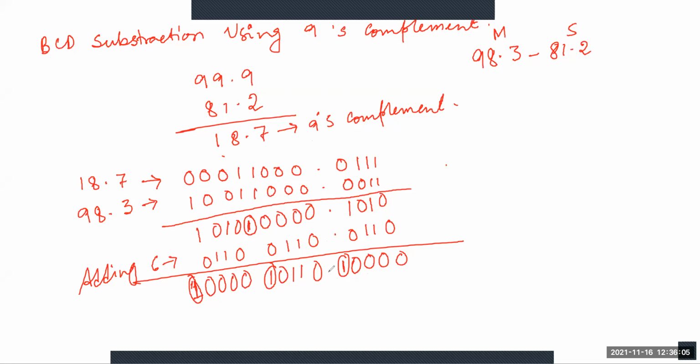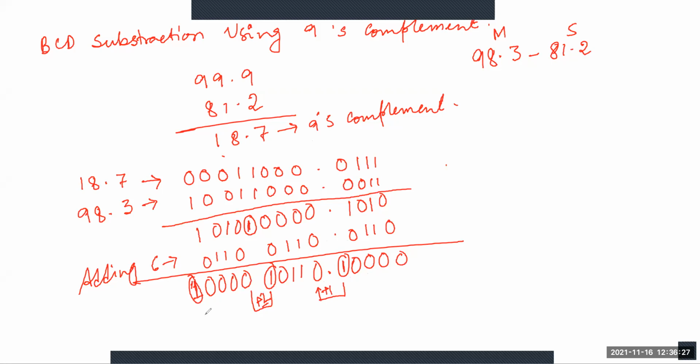So this one is carried to this bit, and this one is shifted to a new bit, and this is called the end around carry.